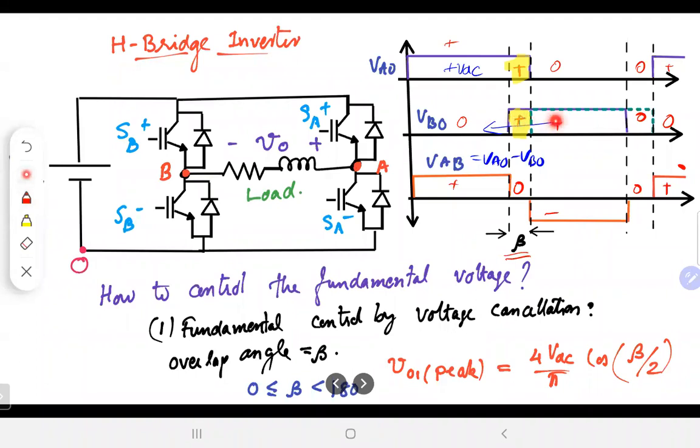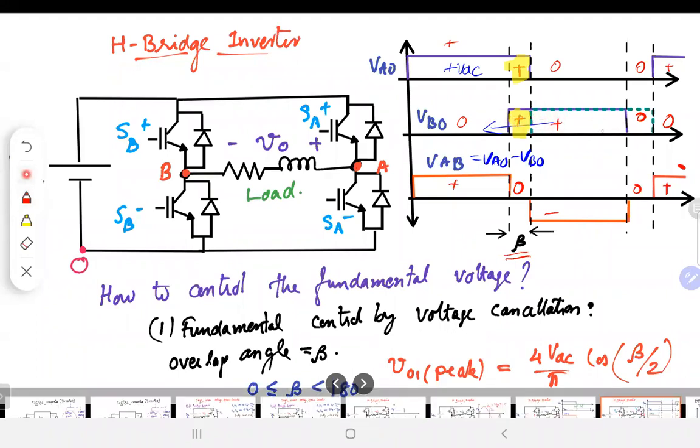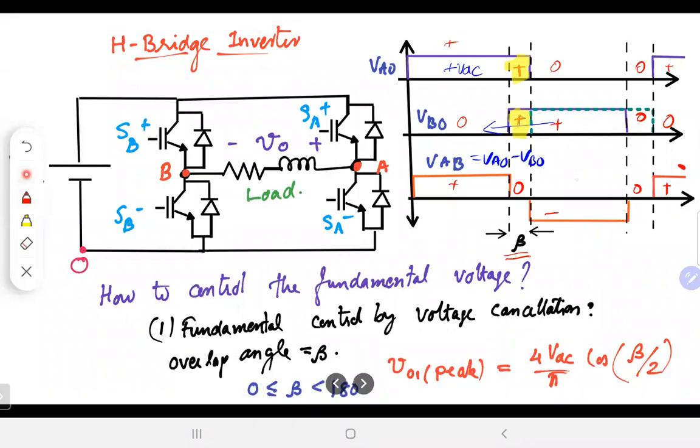If you move all the way to location 0, that is beta is equal to 0, then it will be exactly the maximum voltage. So the maximum is 4 by pi VDC, and as we move, we get that the voltage is reducing. So when beta is equal to 0, I should be getting the maximum voltage.